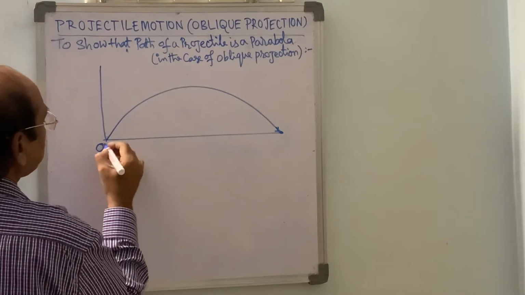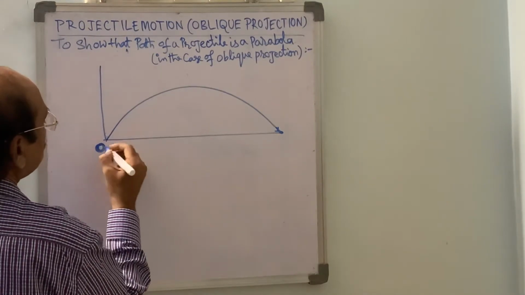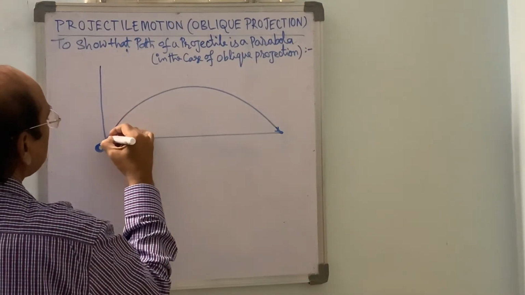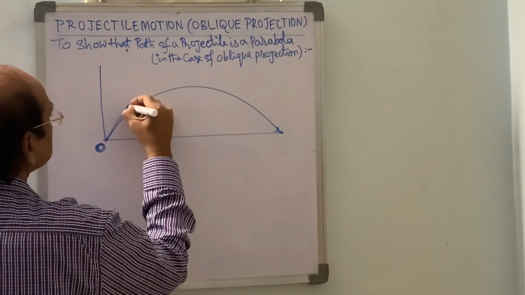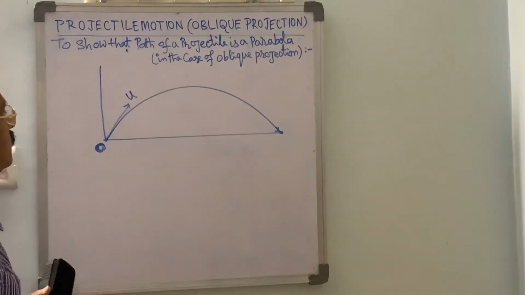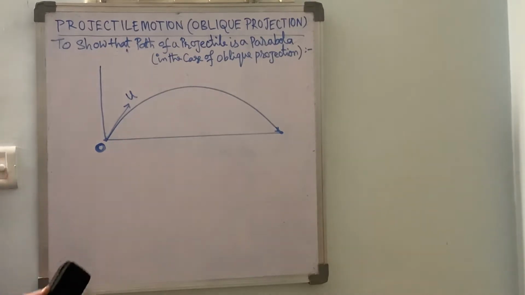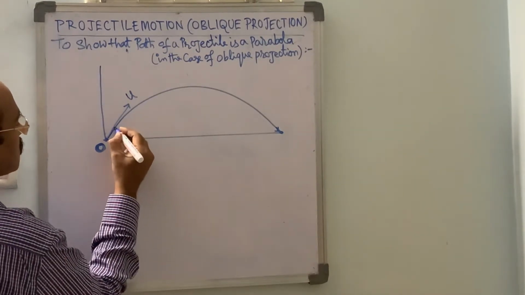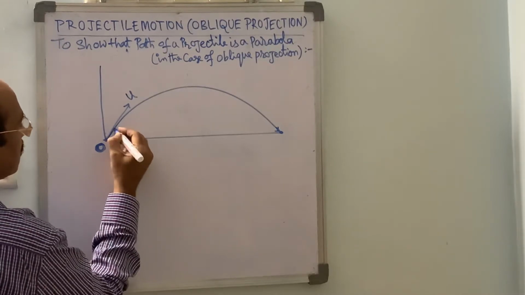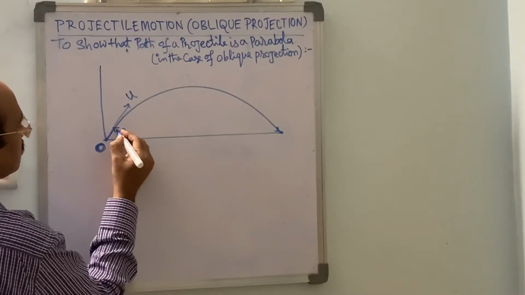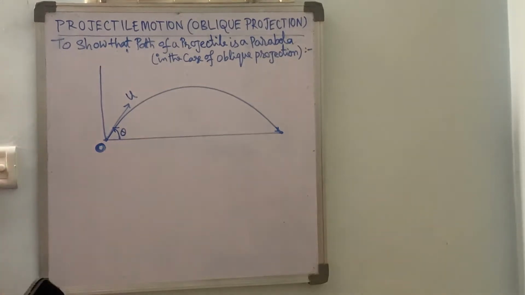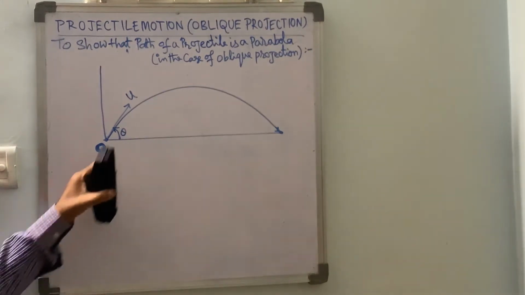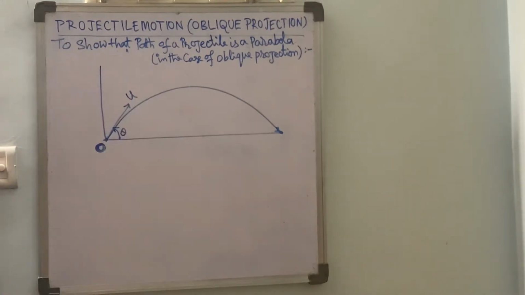So when the body starts from O with initial velocity u, then this initial velocity direction makes an angle theta with the horizontal. Now this initial velocity u can be resolved into two perpendicular components.